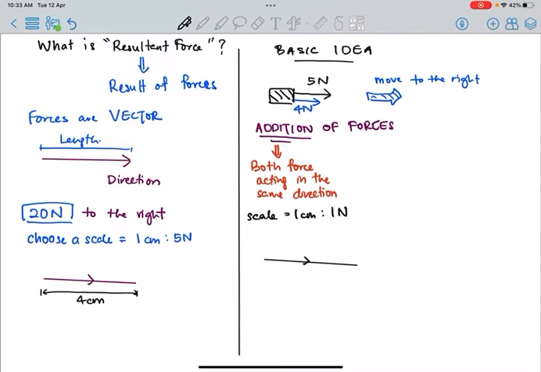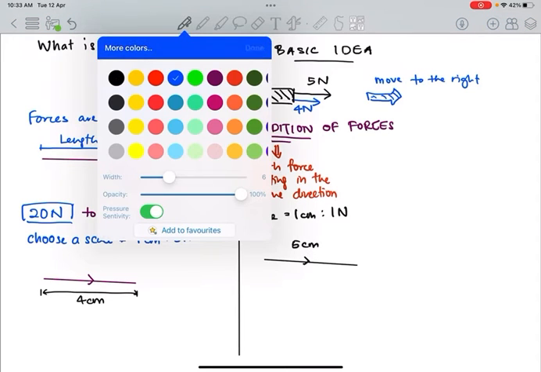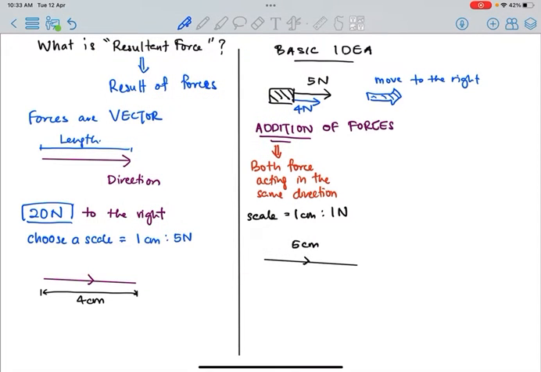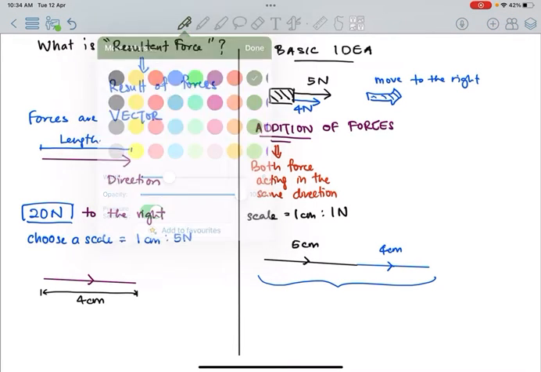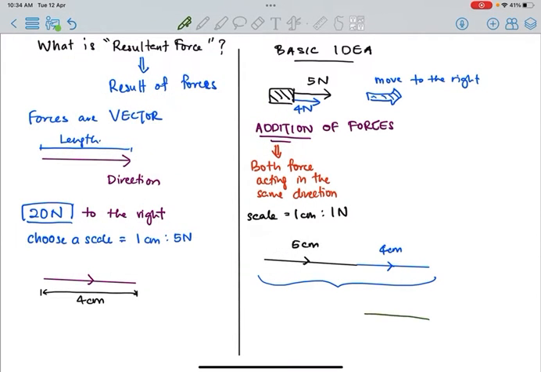Since it is being added with the 4 Newton force, also to the right, we add on a 4 centimeter line, also acting to the right. As a result, the combination of both lines is a 9 centimeter line, also pointing to the right.